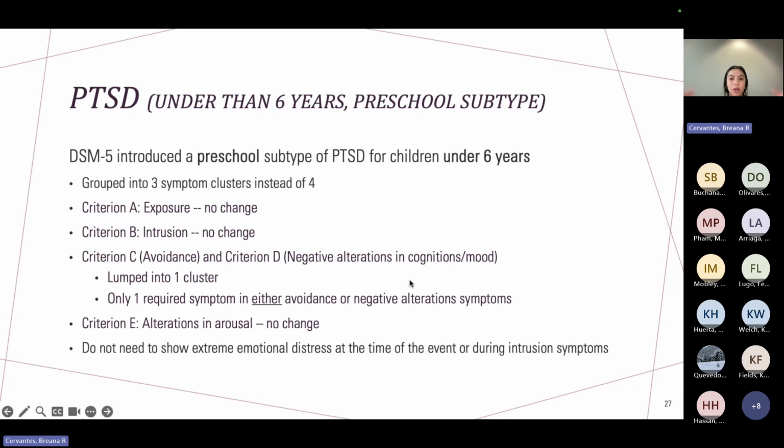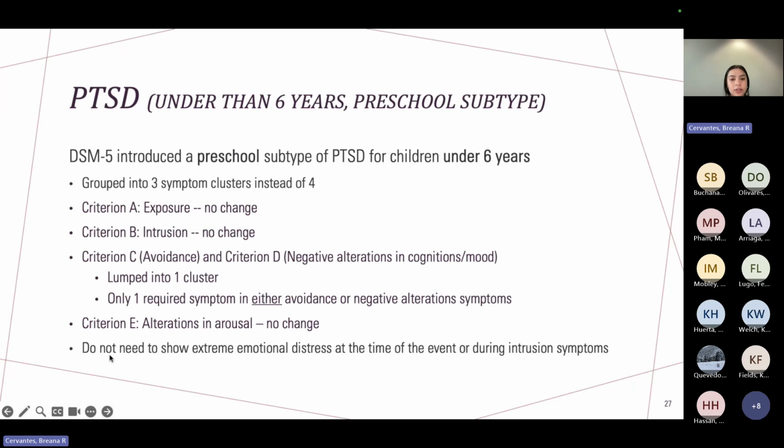Doesn't matter. We're clustering those together and you only need 1 symptom. So either you have avoidance or you have one of the negative alteration symptoms. That's different. If you remember criterion D for adults or 6 and up, you need 2 under the negative alterations category. And then criterion E, the alterations in arousal, so that hyper reactivity, the vigilance stuff, that is the same.